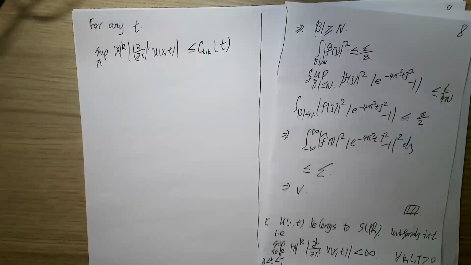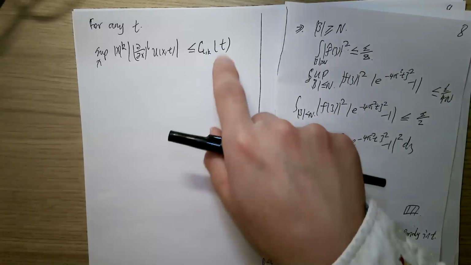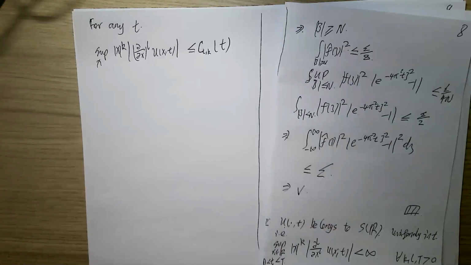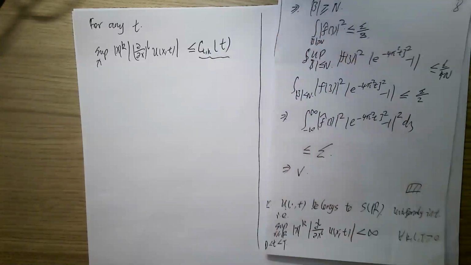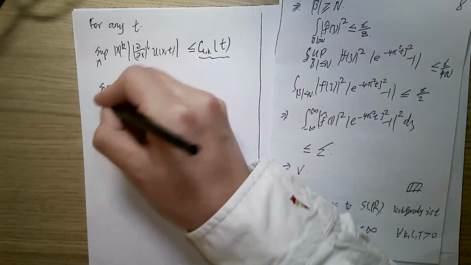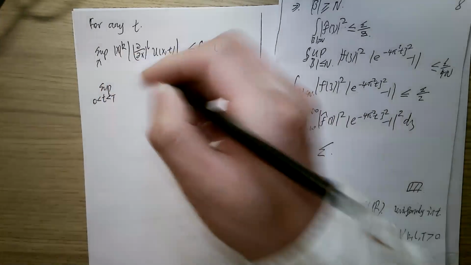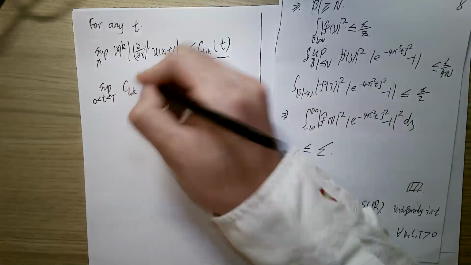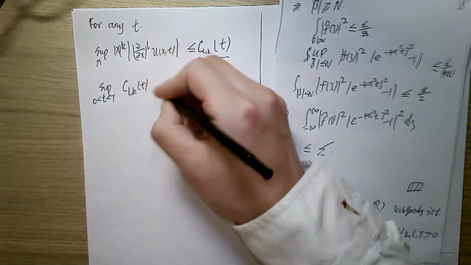But what I claim here is that this kind of function is continuous in t. Which means this function is uniformly continuous on any finite interval. You can imagine this is true. Okay, so which means the supremum over t between 0 and T of C_{l,k}(t) is less than infinity.